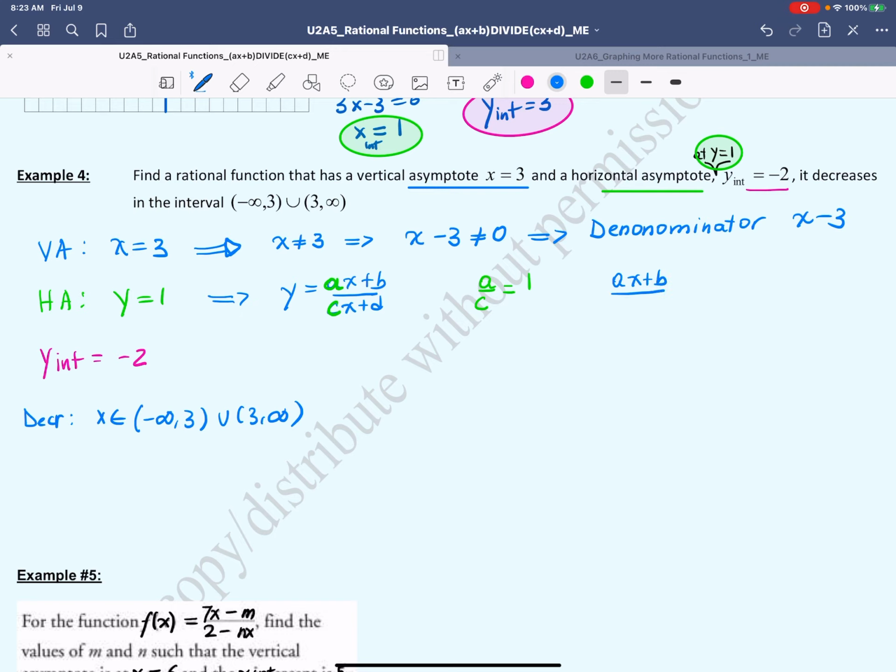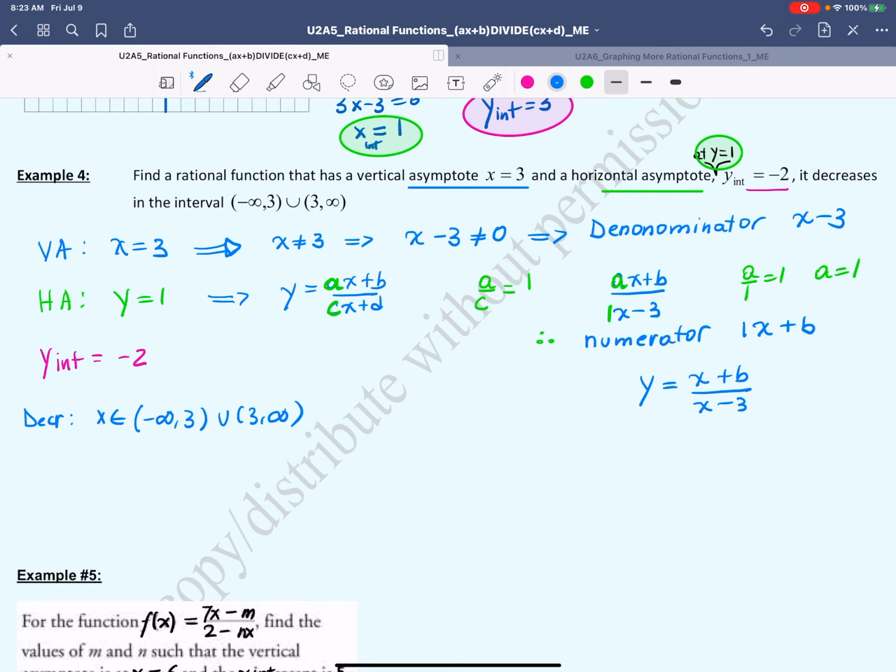We don't know what the numerator is, but we do know that the denominator is x minus 3. Given that the horizontal asymptote is at 1, the ratio of a over the leading coefficient of the denominator, which is 1, equals 1, so the coefficient a must have been 1. Therefore, the numerator is 1x plus some number b. So far, we have brought the equation to the form y equals x plus b over x minus 3.